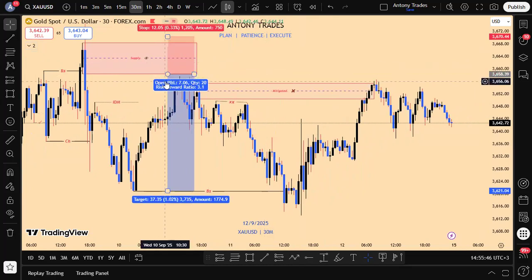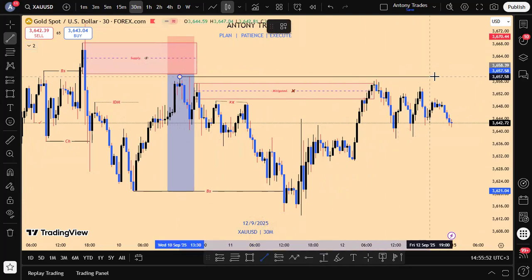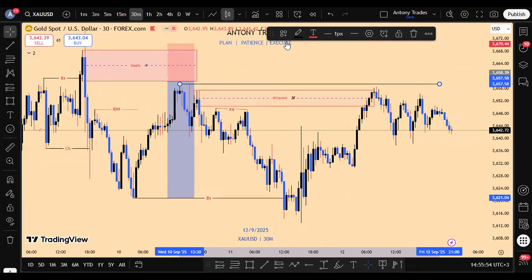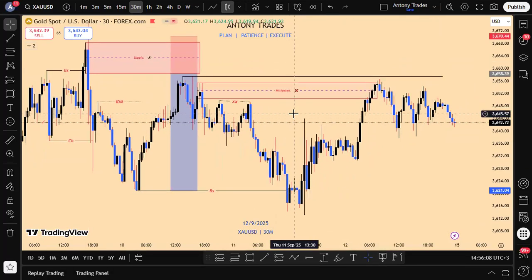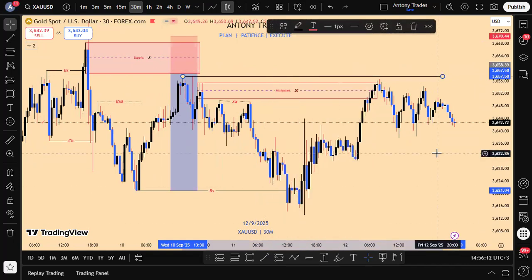If by any means the market will close above this high, the market is protected high.